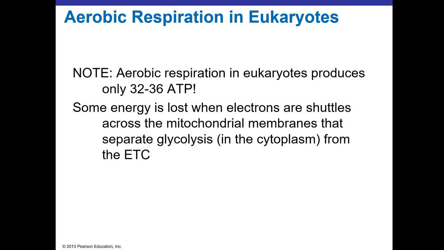Remember, glycolysis is in the cytoplasm, and so we have to get things, this is acetyl-CoA and everything, into the mitochondria. So what's happened in a eukaryote is that it's not getting as much for every single molecule of glucose because it's putting it into the mitochondria to be exchanged at the electron transport chain.